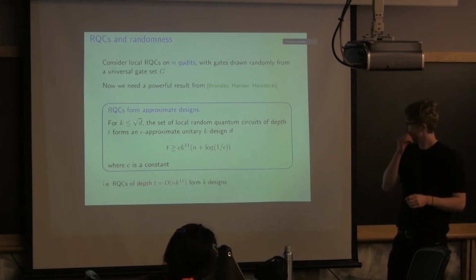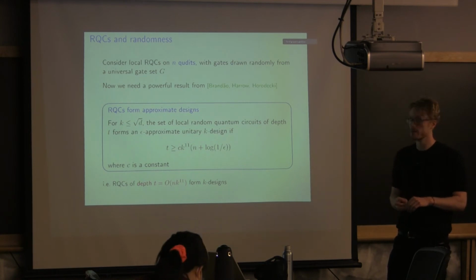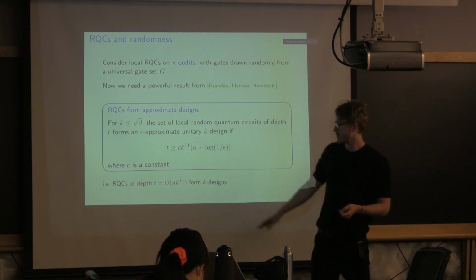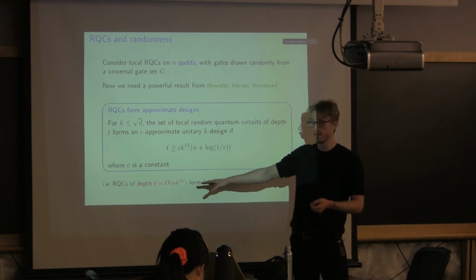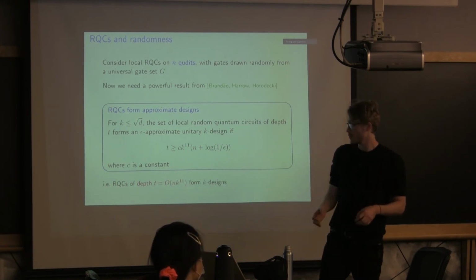It's known, in this very seminal result by Brandao, Harrow, and Horodecki, that polynomial in k depth random quantum circuits form approximate unitary designs. The key thing here is that random circuits of depth linear in n and this high degree polynomial in k, so it's k to the 11, form approximate designs.